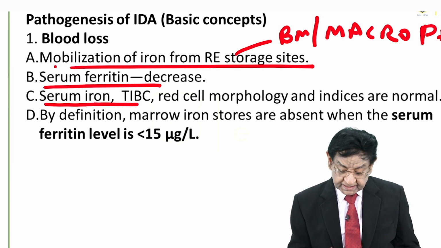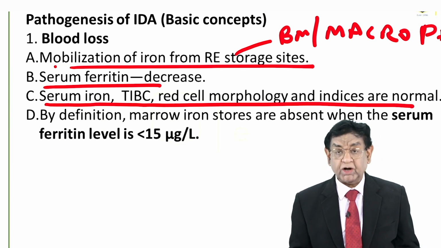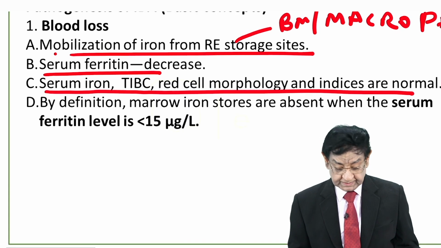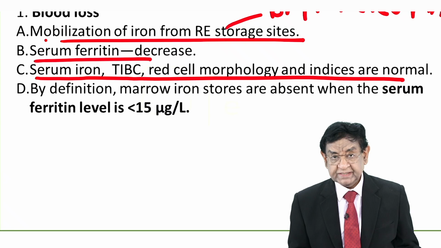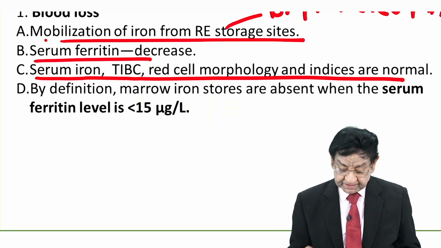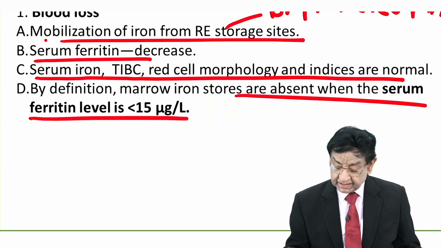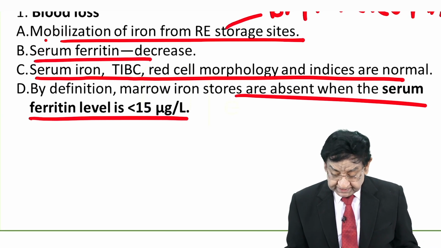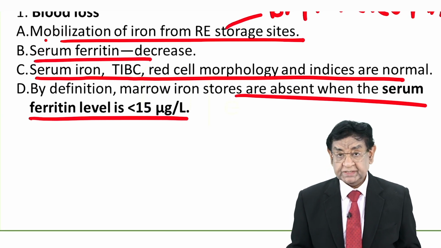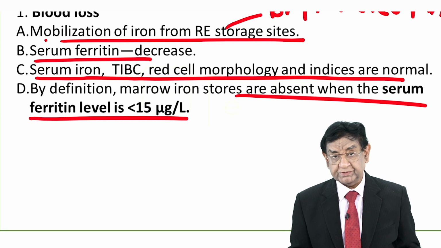Initially serum iron, TIBC, RBC, they all are normal. And by definition we say the patient has iron deficiency anemia when the serum ferritin store is less than 15 microgram per liter, which indicates that the storage form of iron is reduced.